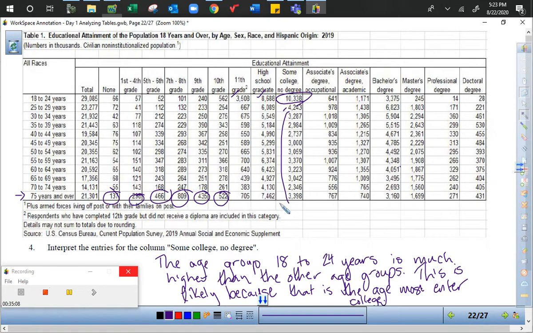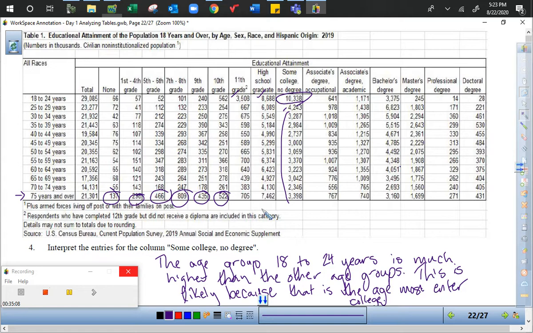But if you notice, we've got a large group for those who aren't finishing school. And the reason for that is if you think about the people who are age 75 years and older, when they were in 1st to 4th grade, 5th to 6th grade, 10th grade even, a lot of times there weren't schools past 8th grade. 8th was as high as you could go.